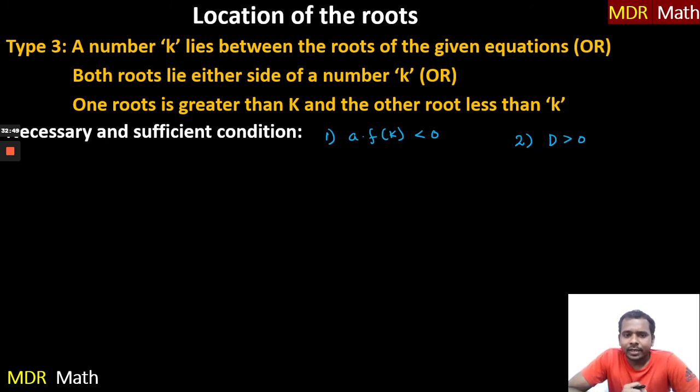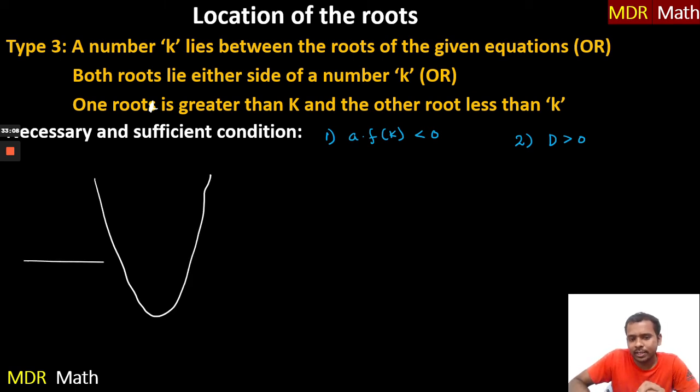Third case: a number k lies between the roots of the given equation, or you may call it both roots lie on either side of a number k, or one root is greater than k and the other root is less than k. Let's take the two possibilities here. When this curve cuts the x-axis, let's say this is alpha and this is beta, and k lies between the roots of the given equation.